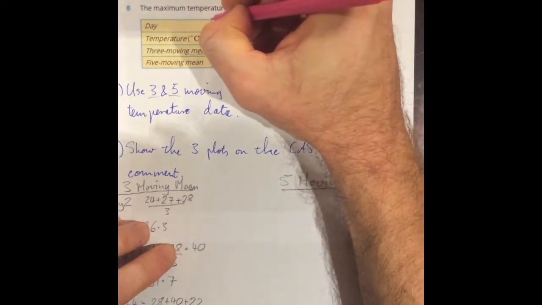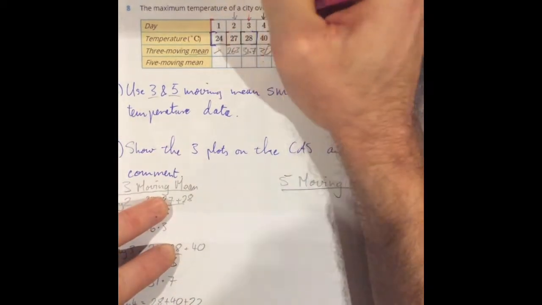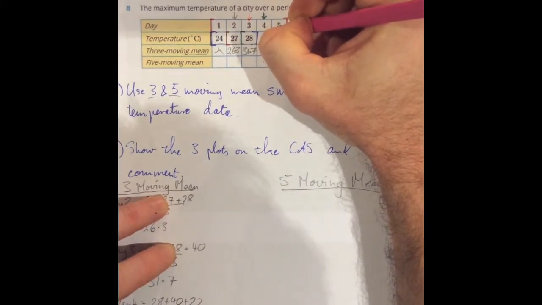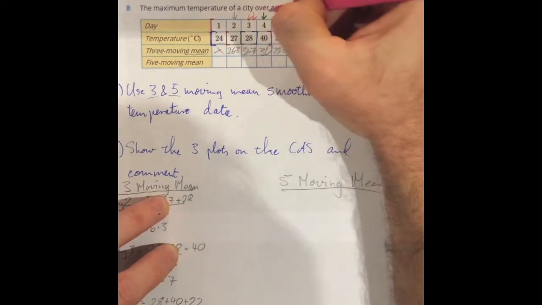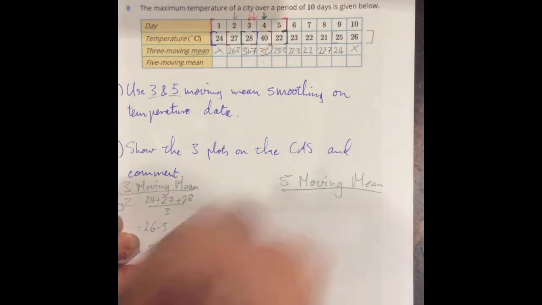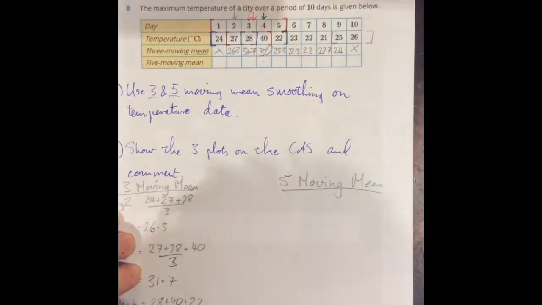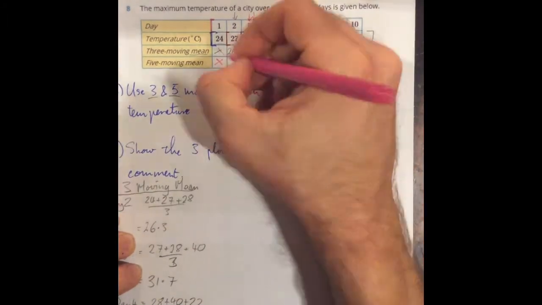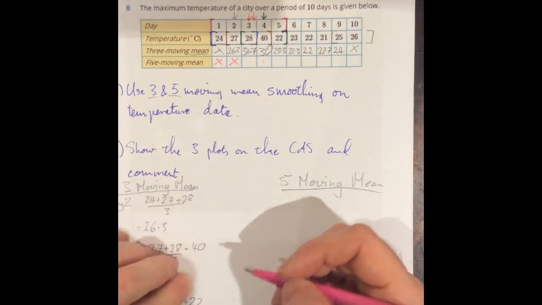We're going to look at starting here, the first day, 1, 2, 3, 4, 5. Ending on the 5th day, who would have guessed? Okay, and our middle value is the 3rd day. So that means, like in the 3 moving mean, we don't have every day with a value under it. So day 1 is going to miss out, and day 2 is going to miss out as well. We're going to start this one right there at day 3.